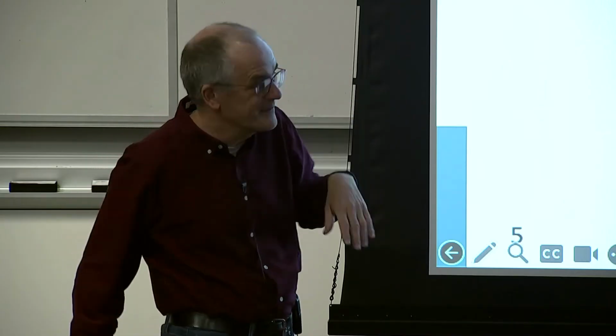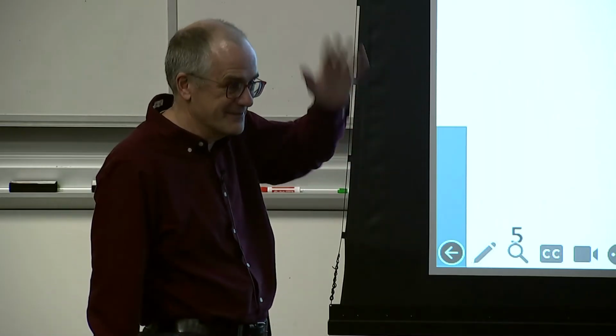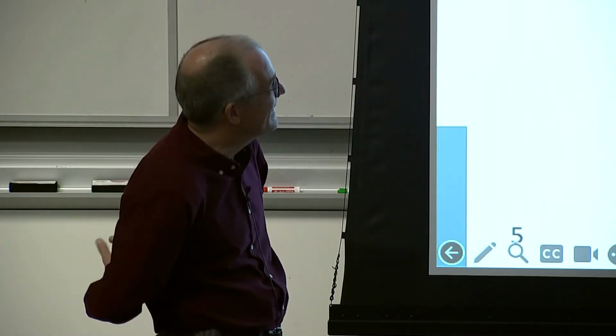When I was a young person doing NLP, perplexities were three-figure numbers, right? You were commonly seeing perplexities of 150 or something like that. So progress was made.